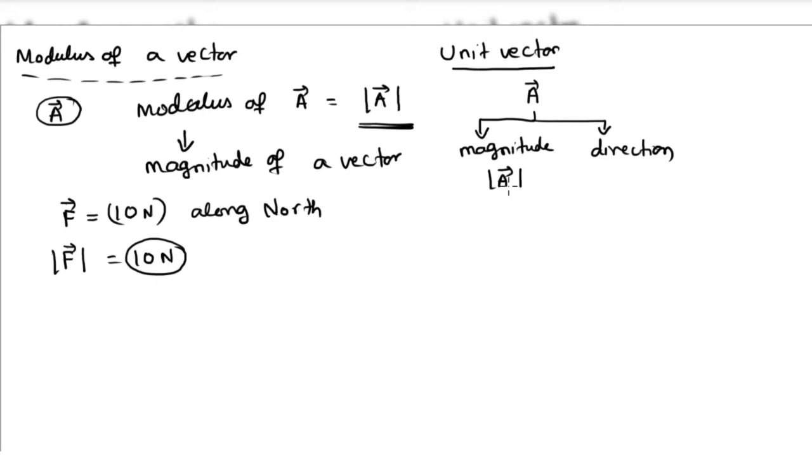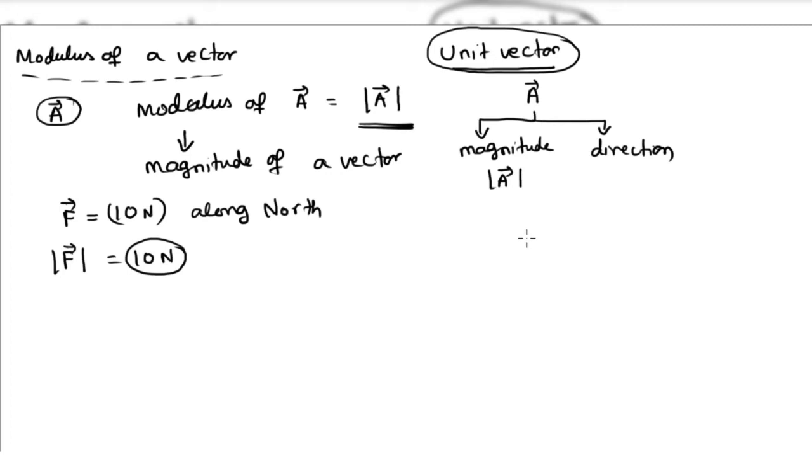Now we must have some symbol to represent the direction of vector A, and the direction of a vector is represented by a unit vector.